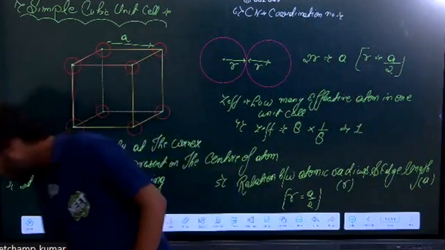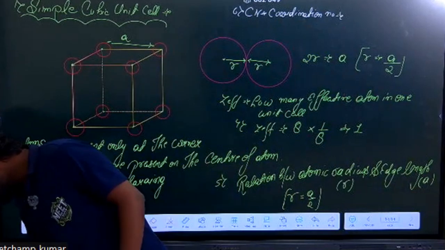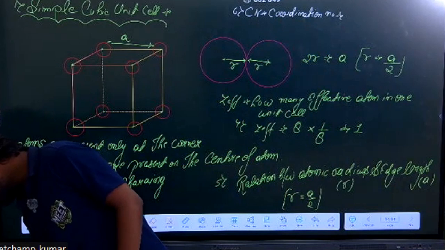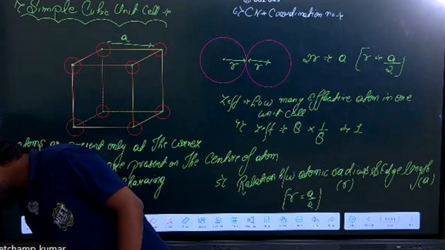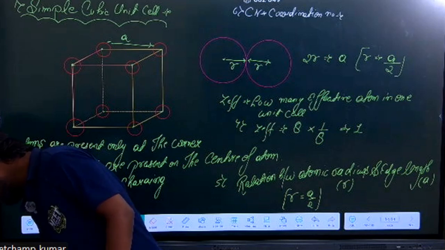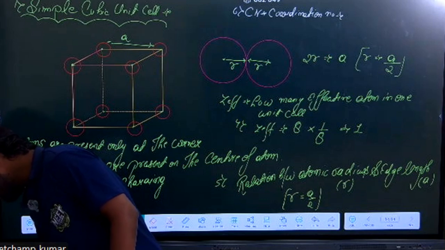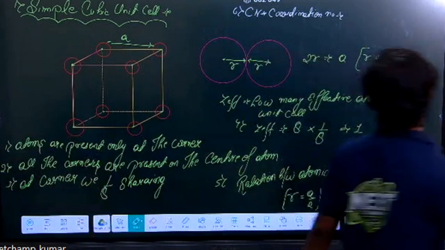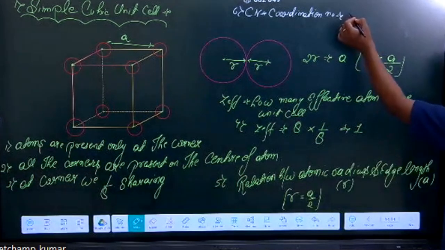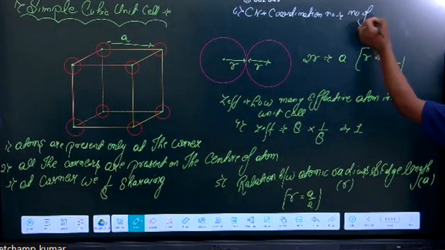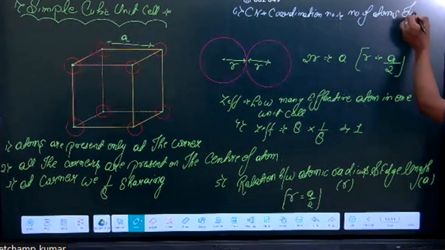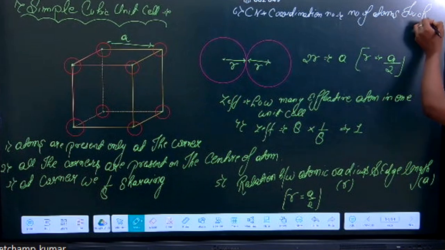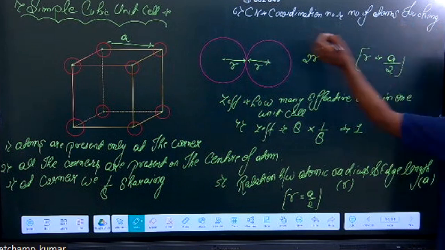If someone asks you what is a coordination number, it is asking how many atoms are touching a single atom. Suppose I pick one single atom and I ask you how many atoms are touching this single atom. That is called the coordination number. Coordination number means number of atoms touching a single atom.